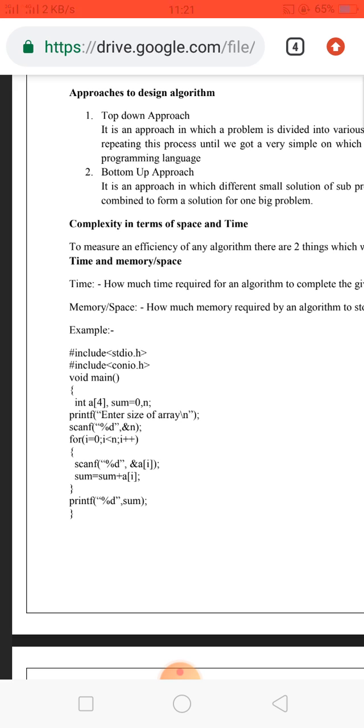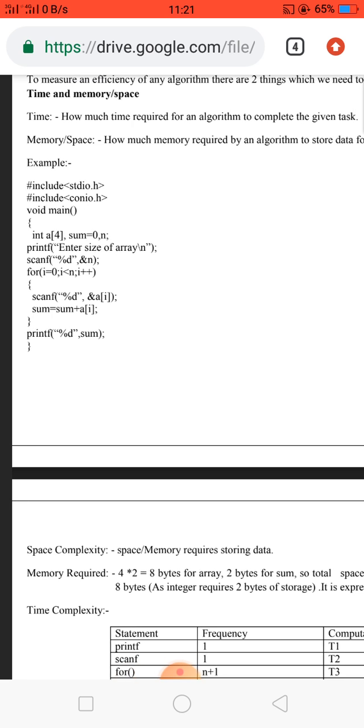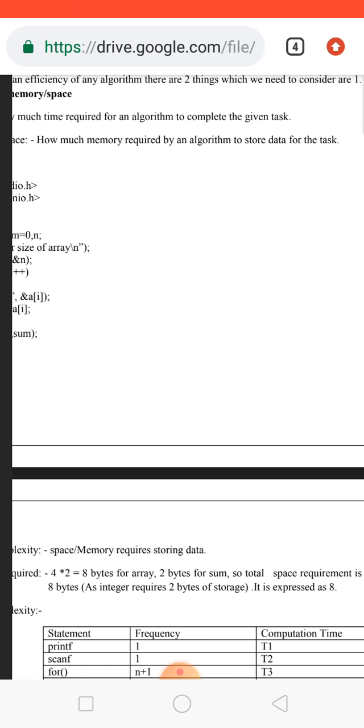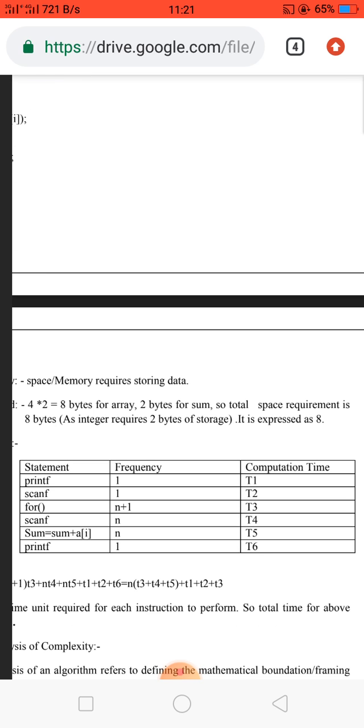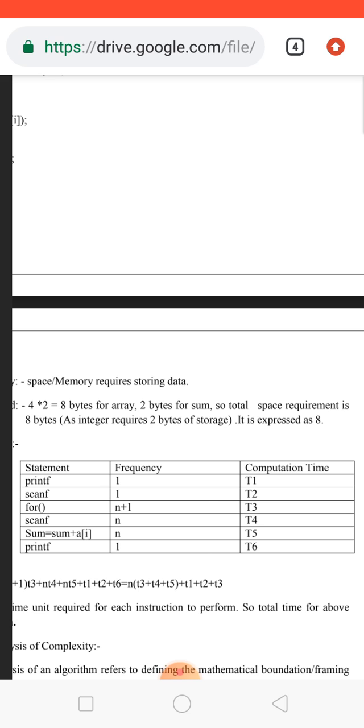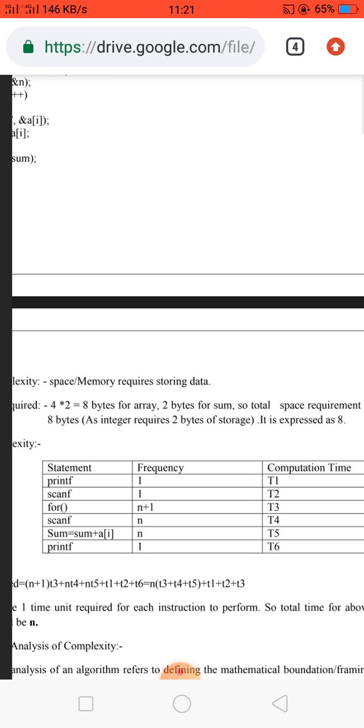So what is the space complexity here? 8 plus 2 is 10, 10 plus 2 is 12. 8 for the array, 2 for sum, and 2 for n.